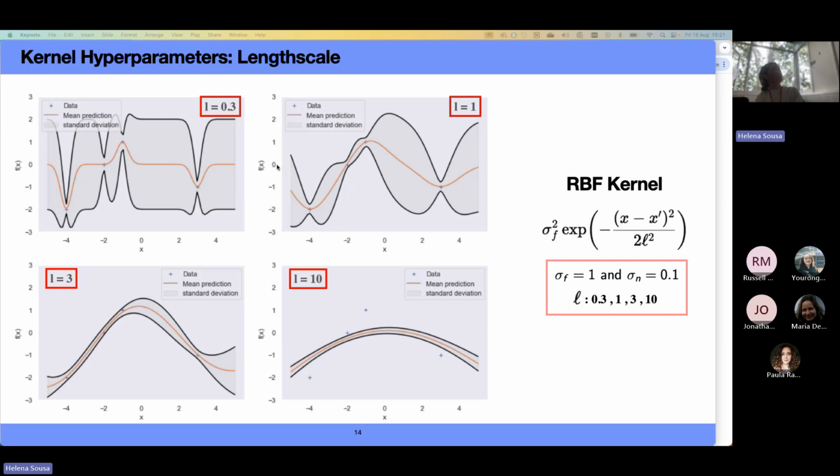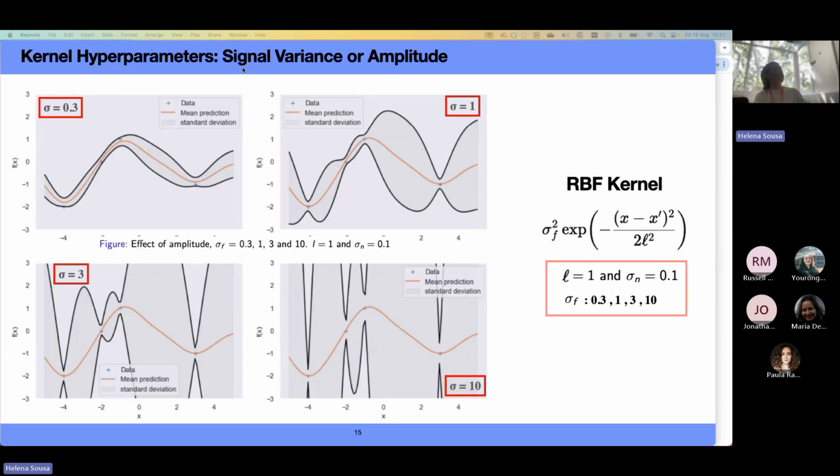As we increase it, our predictive mean function becomes smoother. We can think of this roughly as the distance you have to move in the input space, the x, before the function value, our f of x, can change significantly.